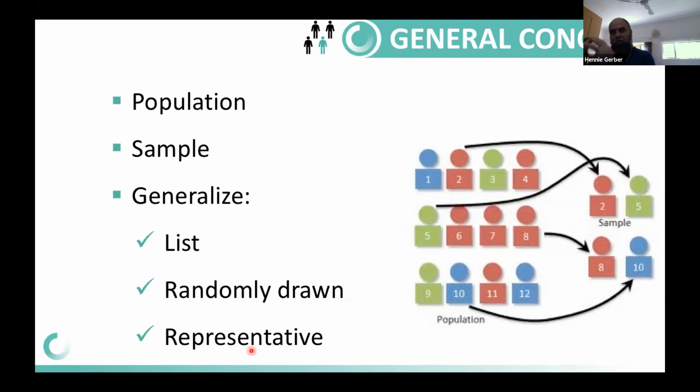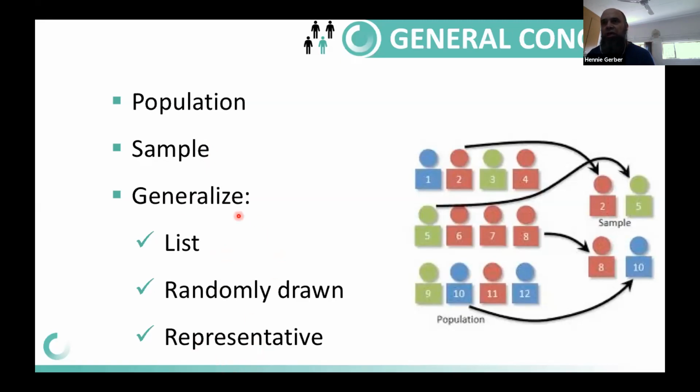To be representative of the population, you want maybe gender to be representative, you want age group to be representative. So for example, if you look at age groups, if there's a lot of younger people in the population, there must also be a lot of younger people in your sample. So then your sample is representative of the population.